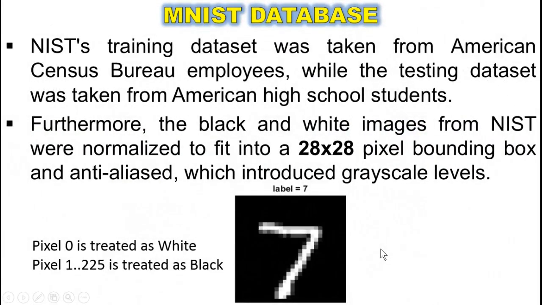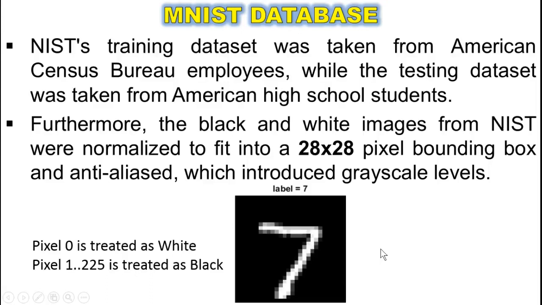The NIST training dataset was taken from American Census Bureau employees, while the testing dataset was taken from American high school students. Furthermore, the black and white images from NIST were normalized to fit into a 28 by 28 pixel bounding box and anti-aliased, which introduced grayscale levels.